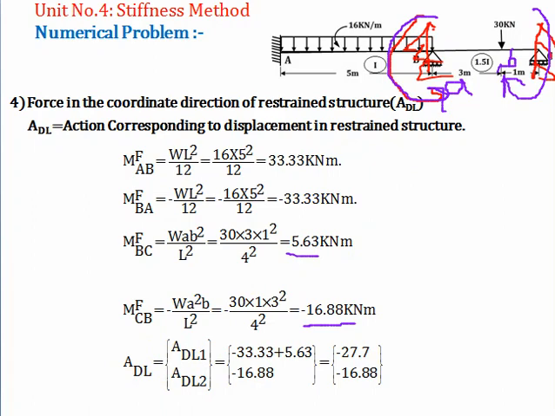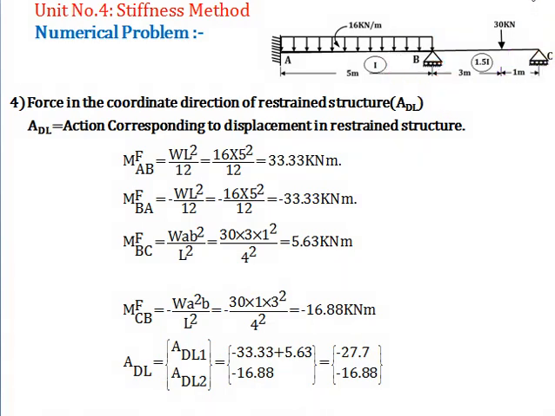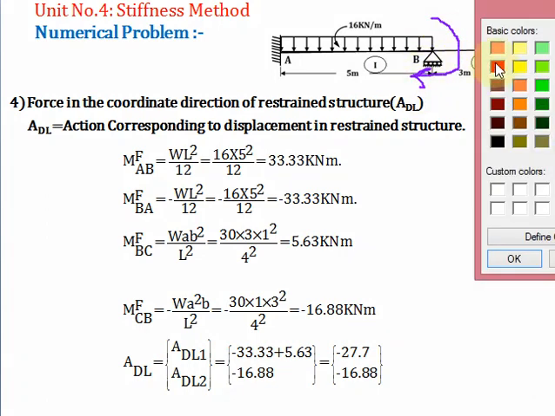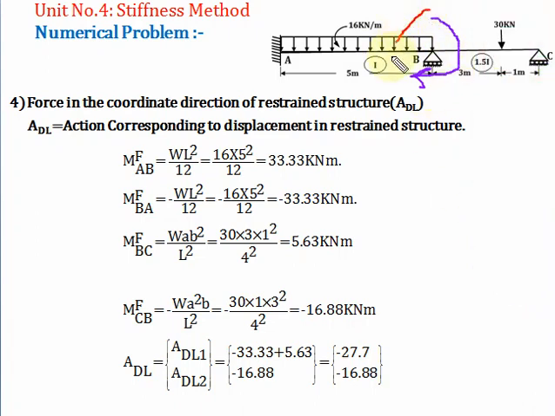Now at support B, there are two moments. The first is acting in this way, and the second is for member BC, acting in anti-clockwise direction.